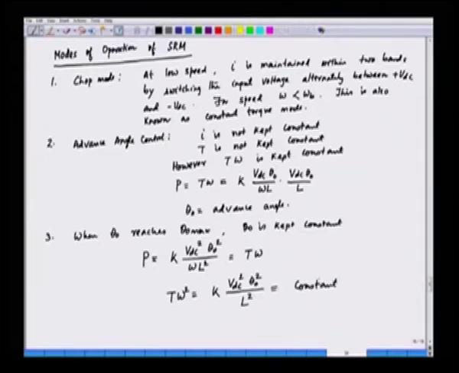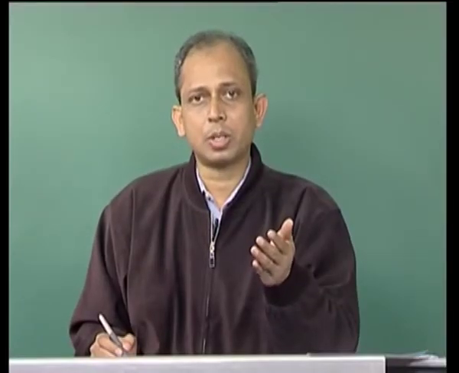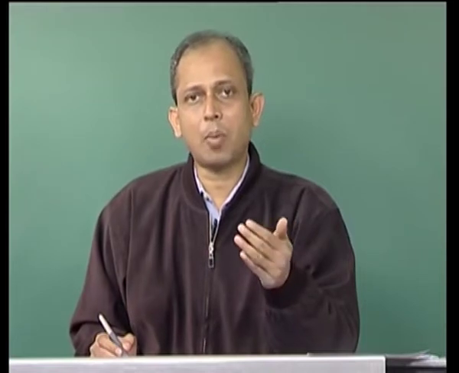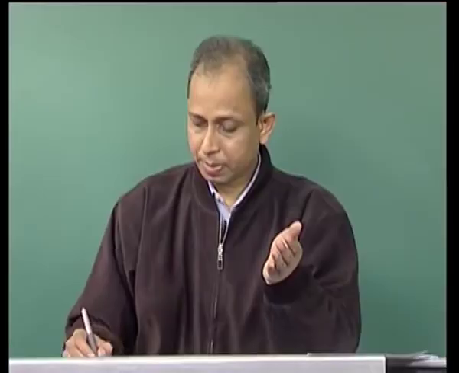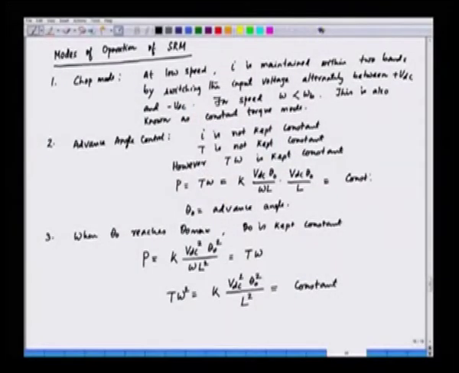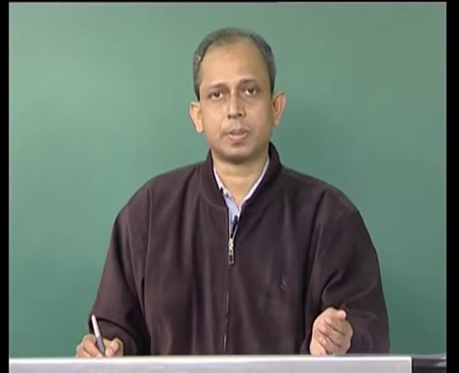So we have three different modes: constant torque mode, where it is operated under the chop mode; constant power mode, where T omega is kept constant; and we have the third mode, which is called T omega square constant mode, where T into omega square is kept constant.